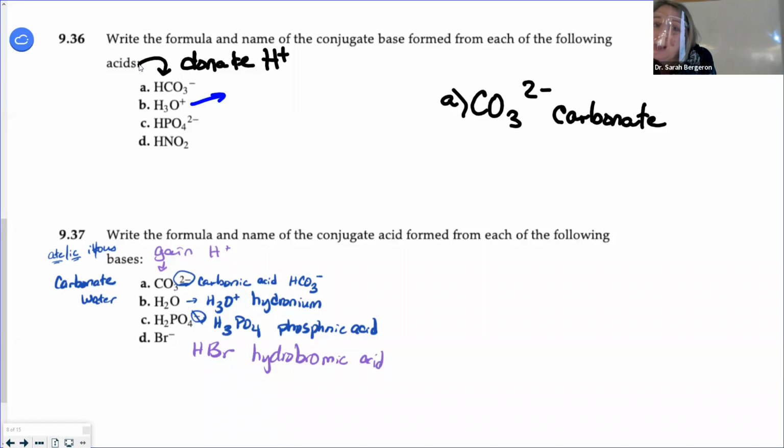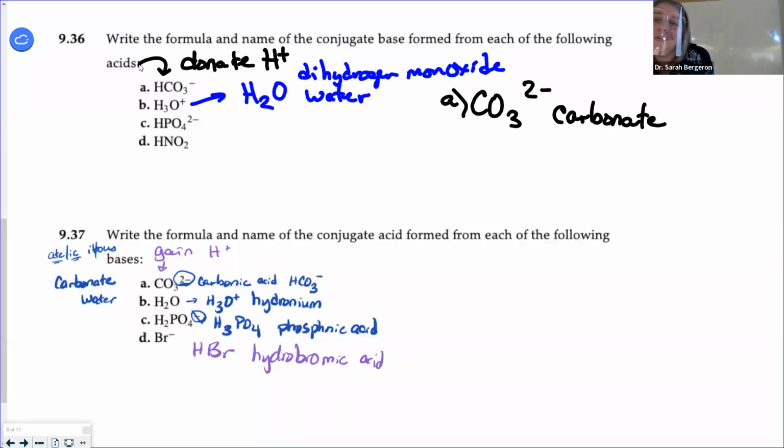So what happens if we have H3O plus and it donates a hydrogen? Becomes simply H2O. What do we call it? We call it water. What's something else you could call it that's more scientific? Love it. Dihydrogen monoxide.